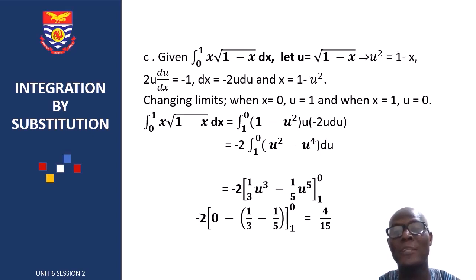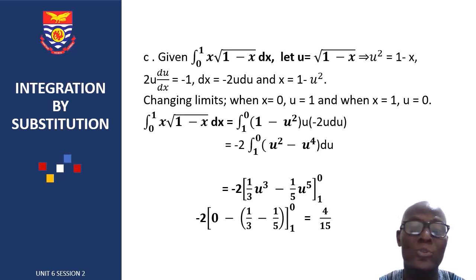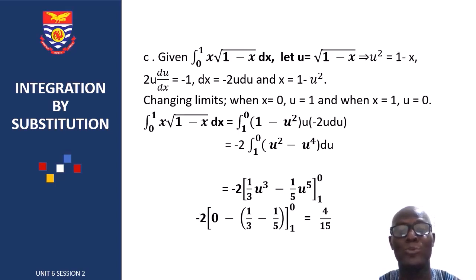Now we differentiate u squared is equal to 1 minus x in the same way as we did for y exponent n. So this implies that 2u du over dx is equal to -1. And making the x the subject, we have dx equals -2u du.